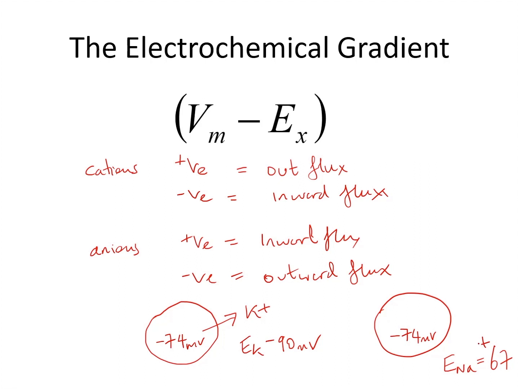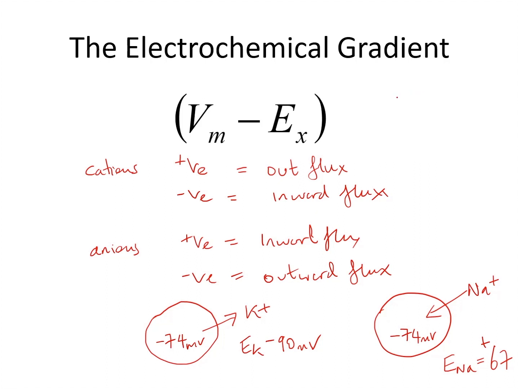How do I get much more positive by moving sodium ions? I move the sodium, the positive ion, inside to make the cell more positive. In this situation, sodium flows into the cell. So looking at this qualitatively, I think, gives you a clearer understanding of how fluxes would work.